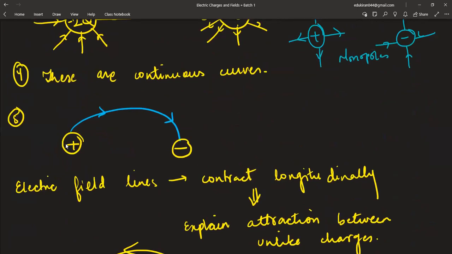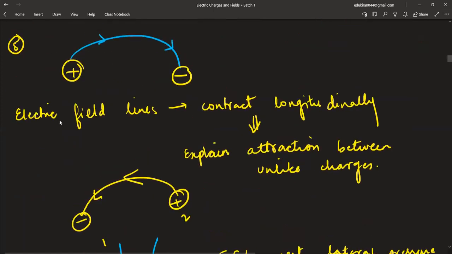And electric field lines, when a positive and negative are both present, meaning unlike charges are present, you will see they contract longitudinally. Always you will see the words contract longitudinally. Now, what is the meaning of this term?